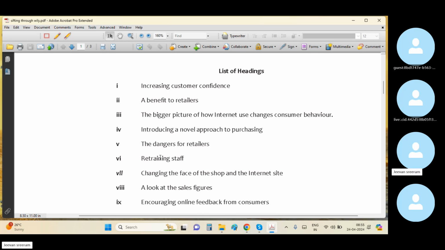Okay, so there might be majorly 3 ways when the test maker creates the questions. For example, a single idea from the passage, a single sentence, or a couple of sentences on the whole, a single idea or a single sentence might be paraphrased in the form of a question.